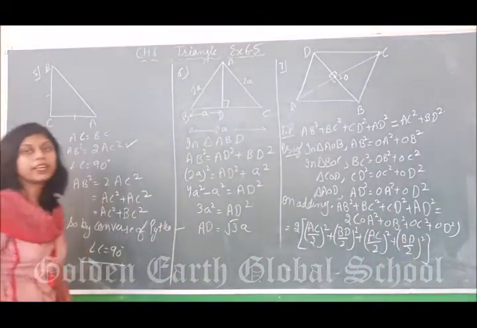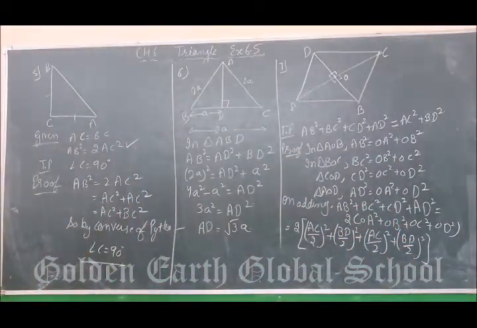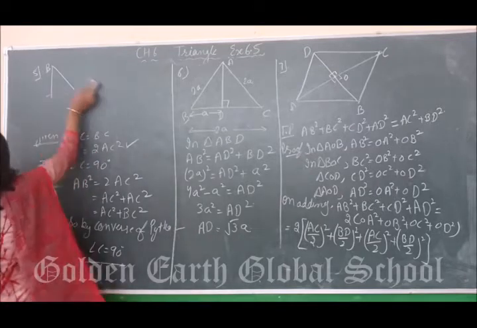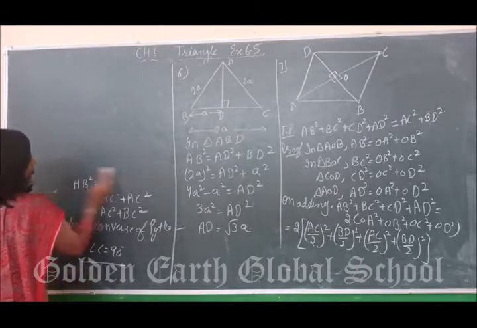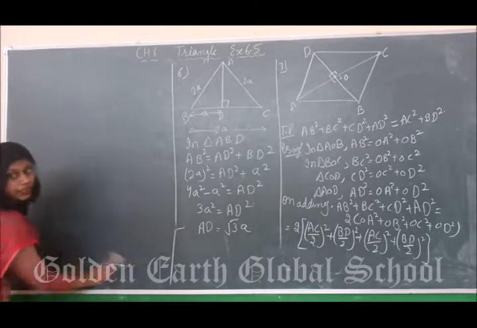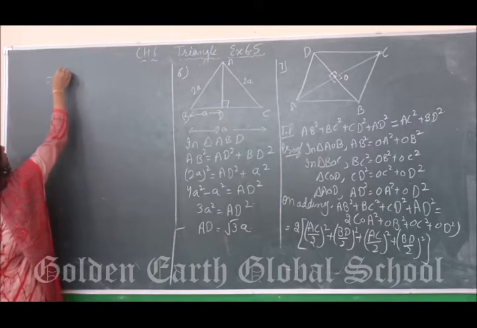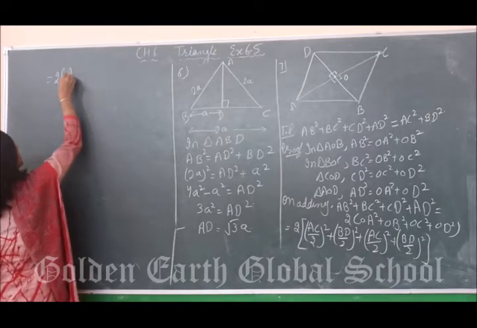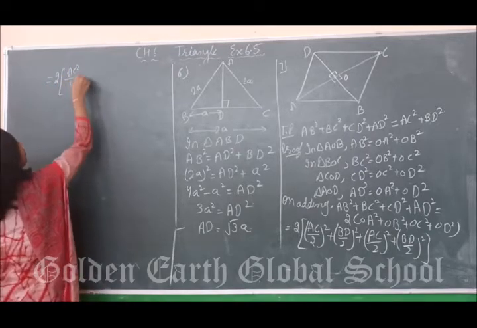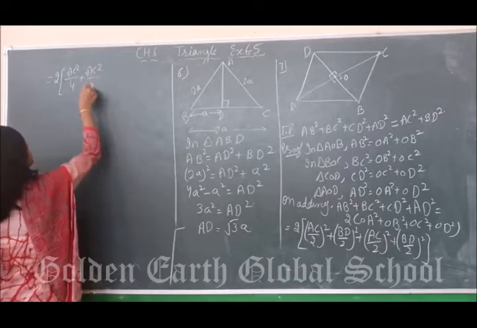Now simplify it. Open the square and then add the terms. I will solve right hand side. AC square upon 4. Third term is AC square by 4.